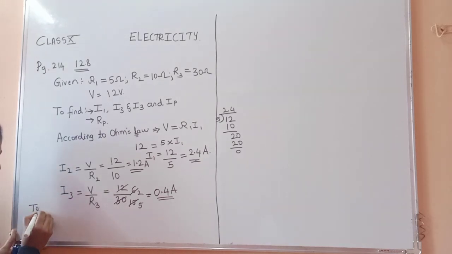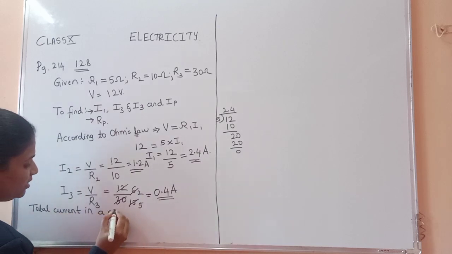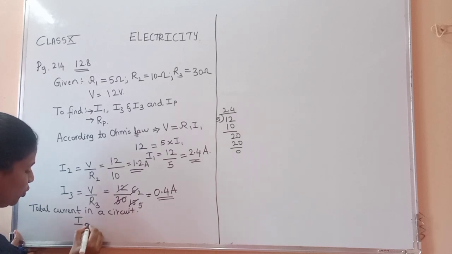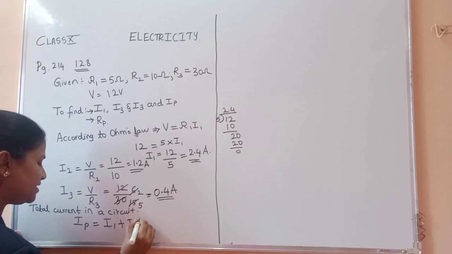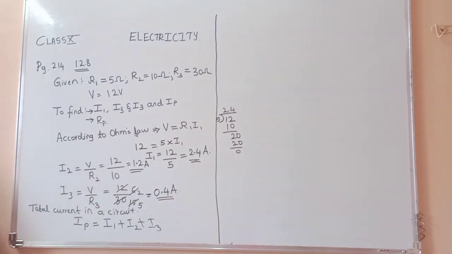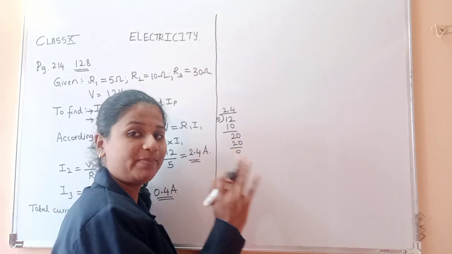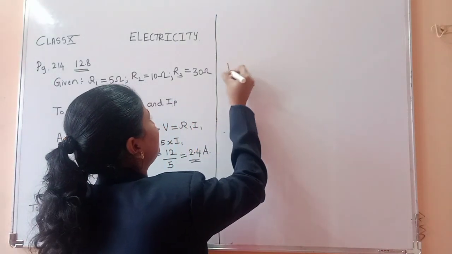Next one. Total current in a circuit, they asked. It is nothing but IP is equal to I1 plus I2 plus I3. This we know: the total current will be equal to the sum of the currents in the circuit in case of parallel combination. So what is I1 here, guys?